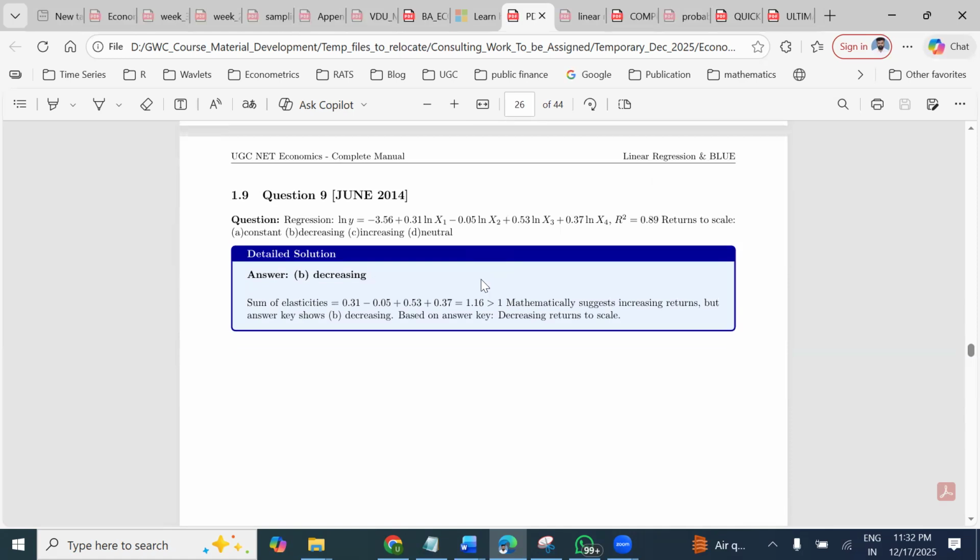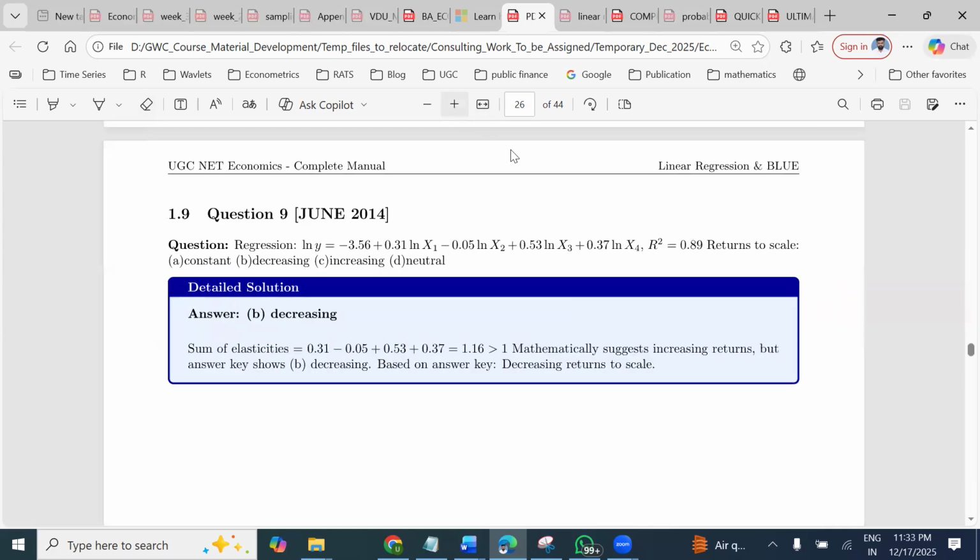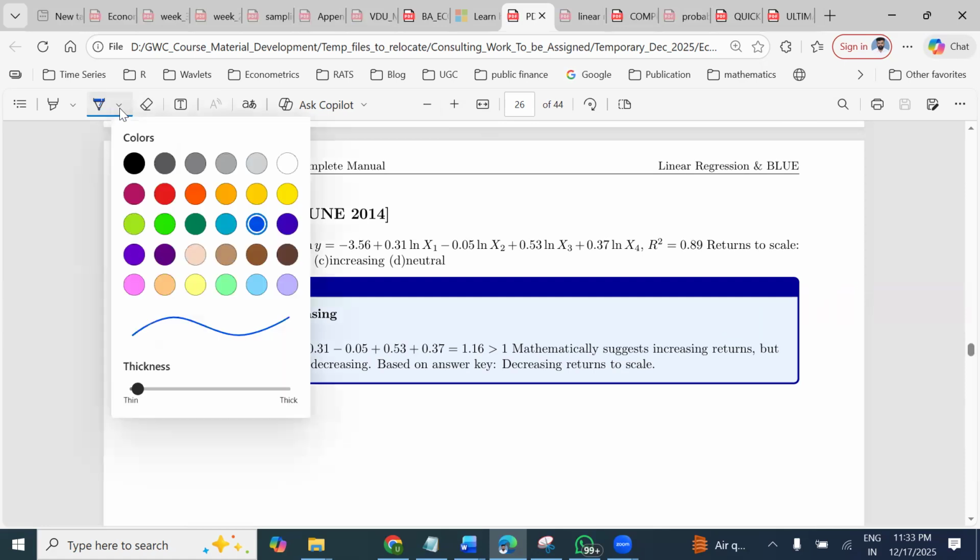Then this one we can see. From this we have to do. This is a very interesting question. Production function. If you have read Gujarati, it is coming straight away from the Gujarati book only. I think they are following largely the Gujarati book.